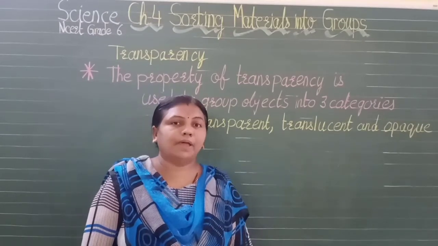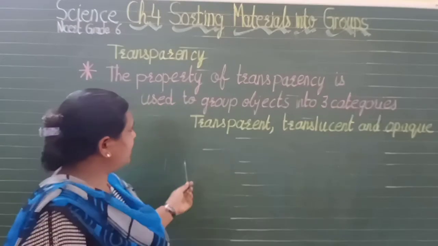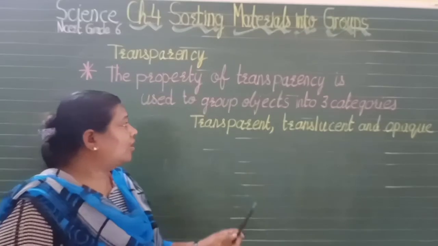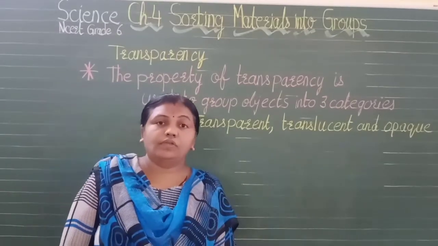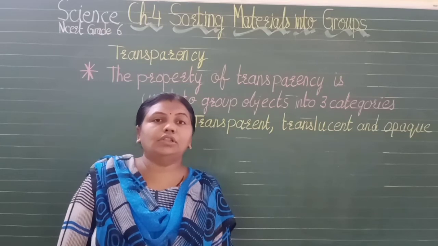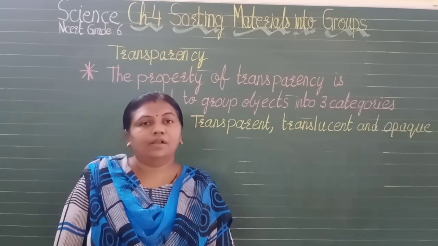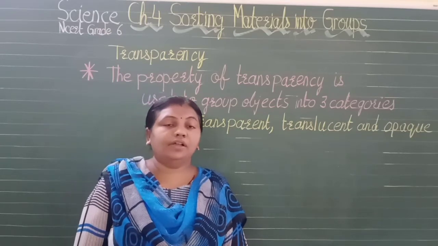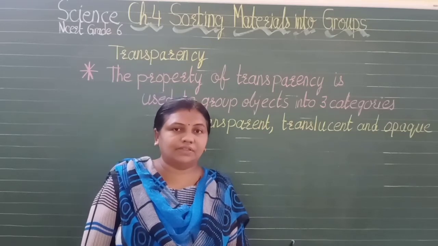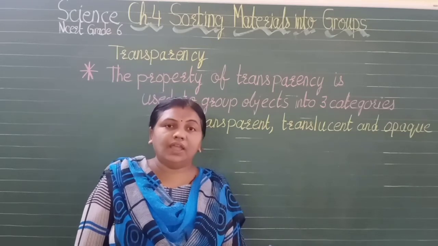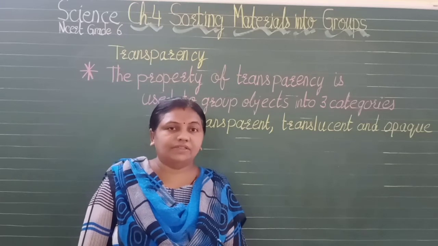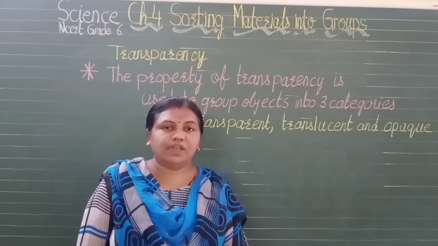Let us see one by one. Transparent means the objects through which we can see all things clearly. If you take a transparent glass, you know very well that with the help of that glass you can see things very well.